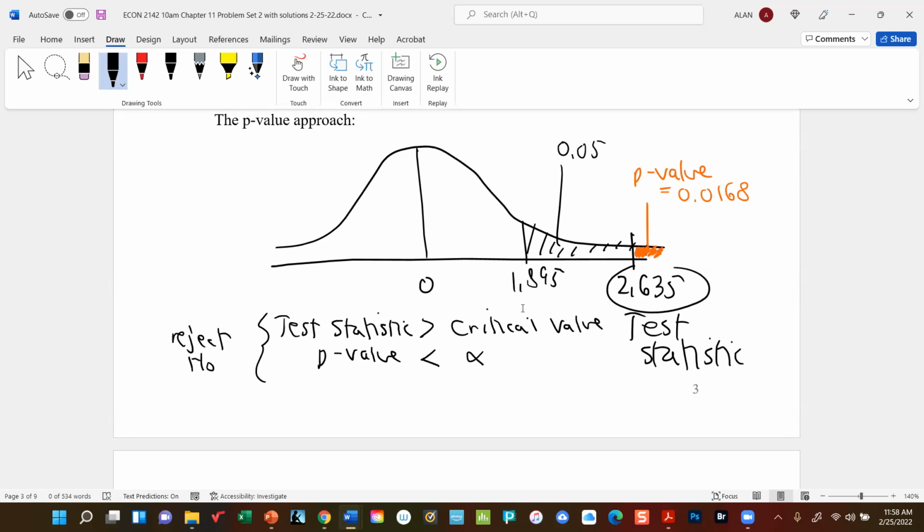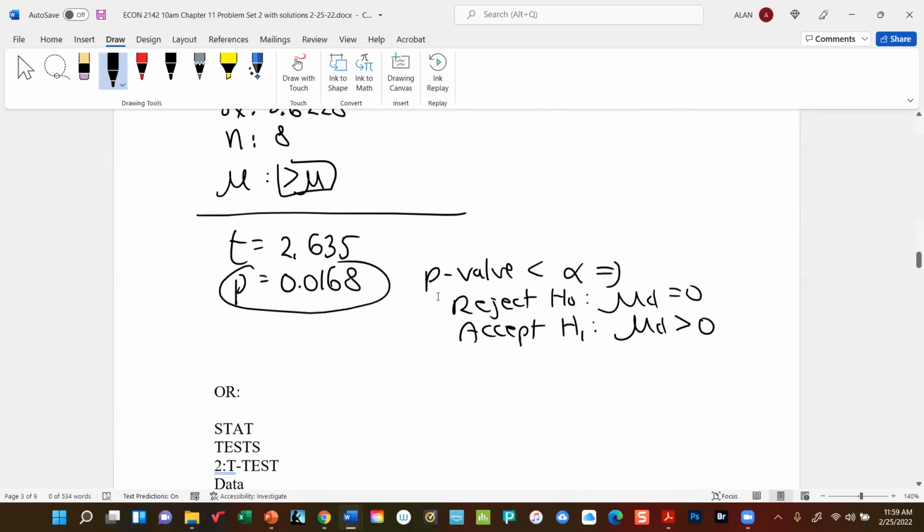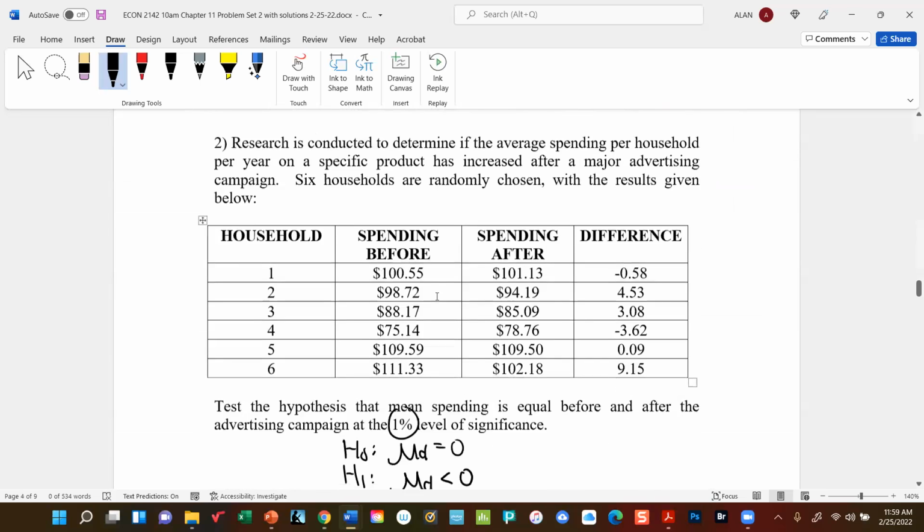The critical value, that's your problem. For whatever reason, this is what you're more likely to see with a calculator or a software product. But they're just essentially the opposite sides of the same coin. So either way, you've got the right result. Okay. All right. Anyway, with all that being said, let's go on to number 2.